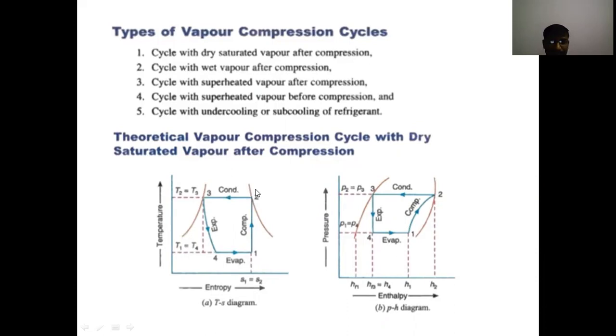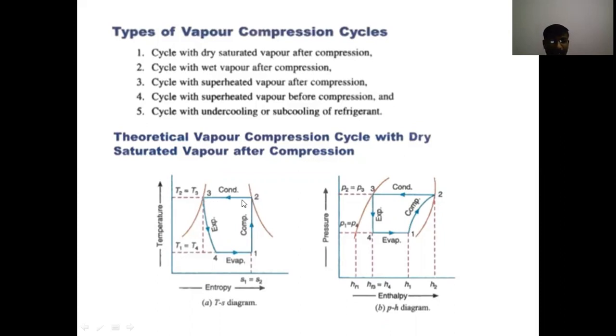During the compression process, after compression, the state of the refrigerant is on the dry saturated vapor line. Whenever the second condition is on the dry saturated vapor line, automatically before compression it must be in the wet region. Only then is a dry saturated vapor state after compression possible. After that, the vapor enters the condenser.